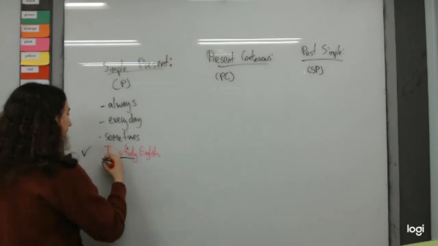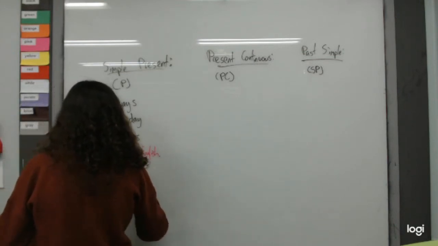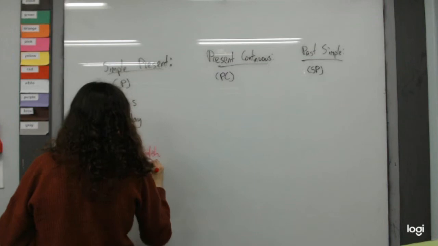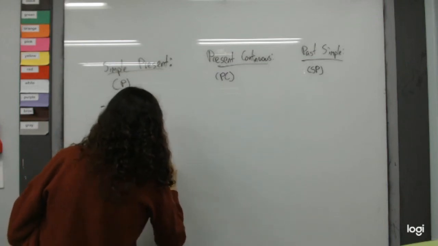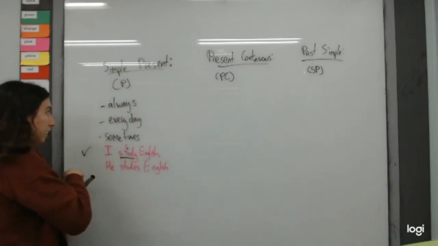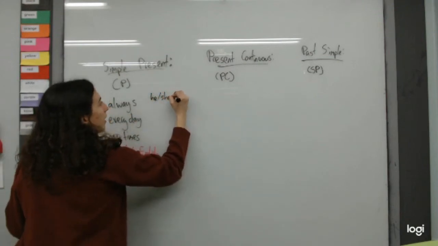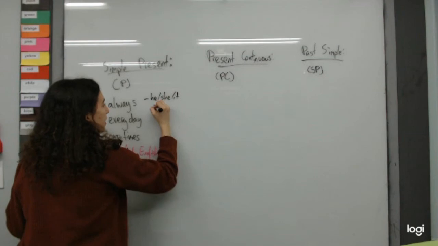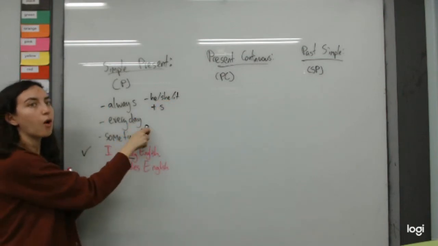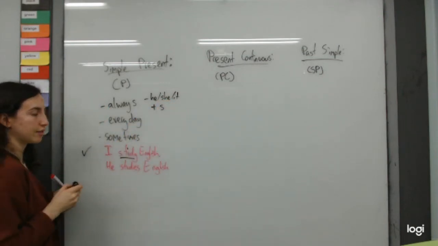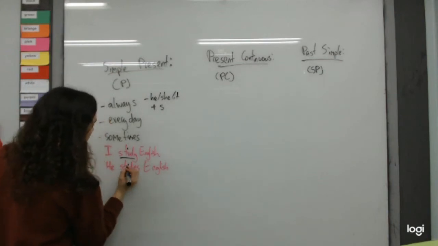If we say he, we need an S. So he studies English. For this one, he, she, it, plus S. Okay? This is the only one we use S for. Okay? But it is important to remember.